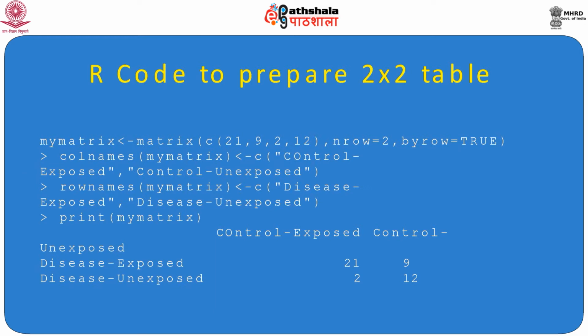When we call print of mymatrix, we get the table of control exposed and control unexposed, with 21 as the first cell, 9 in the first row second column, 2 in the second row first column, and 12 as the fourth cell. So that is the first step to prepare the 2 by 2 table for any matched analysis.